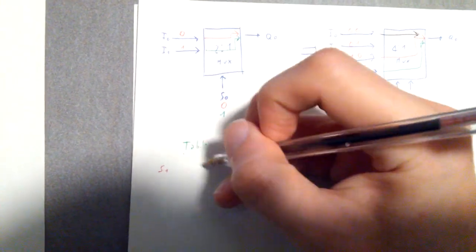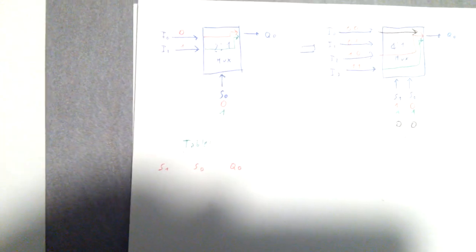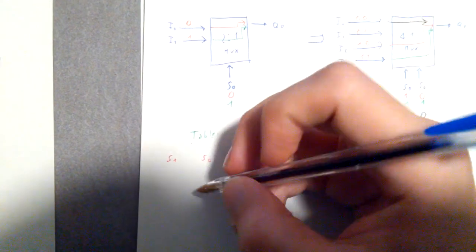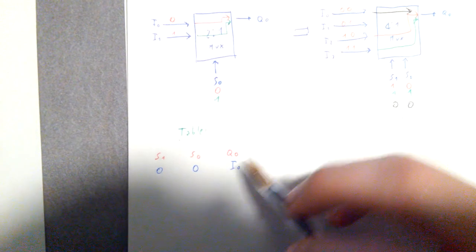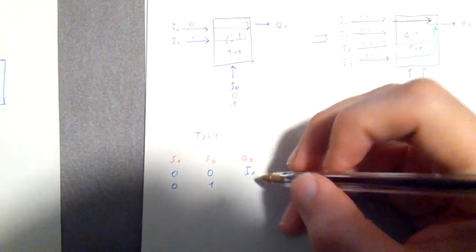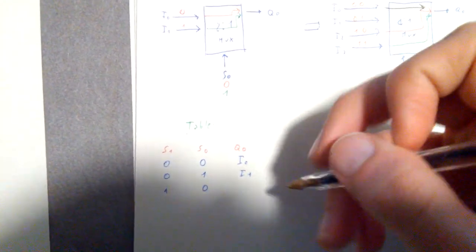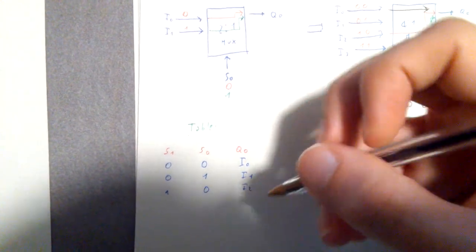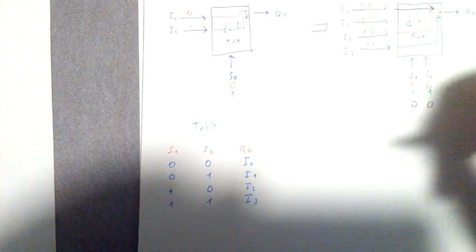A table. So we have S1 S0: 0 0, and then we put I0 here, and then 0 1, I1, 1 0, I2, and 1 1, I3.